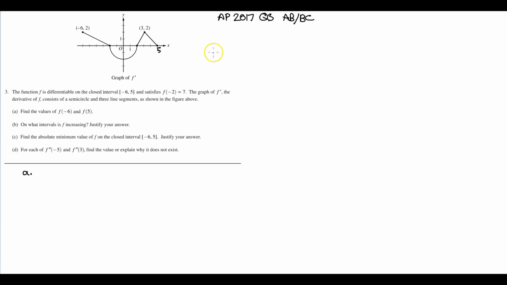Because we have f prime, you can see that f of x equals the integral of f prime of x dx. If we actually want to find f of x, we're going to have to define this in terms of a definite integral.